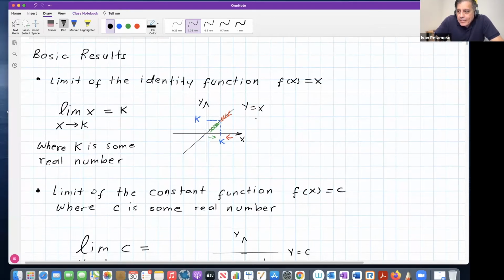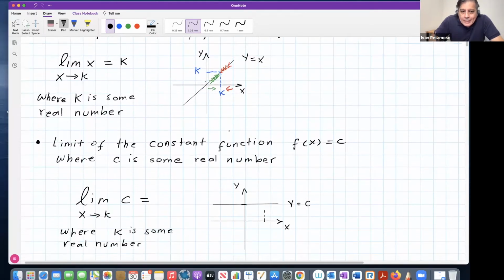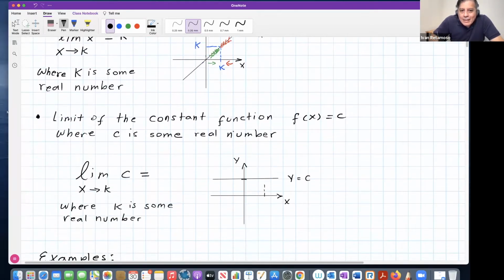Very good. The next basic result is this. What should be the limit of the constant function f of x equals c, where c is some real number, as x approaches some real number k? Again, if you graph the constant function, it is just a horizontal line. If your value of c is positive, the horizontal line will be above the x-axis; if it is negative, it will be below the x-axis.